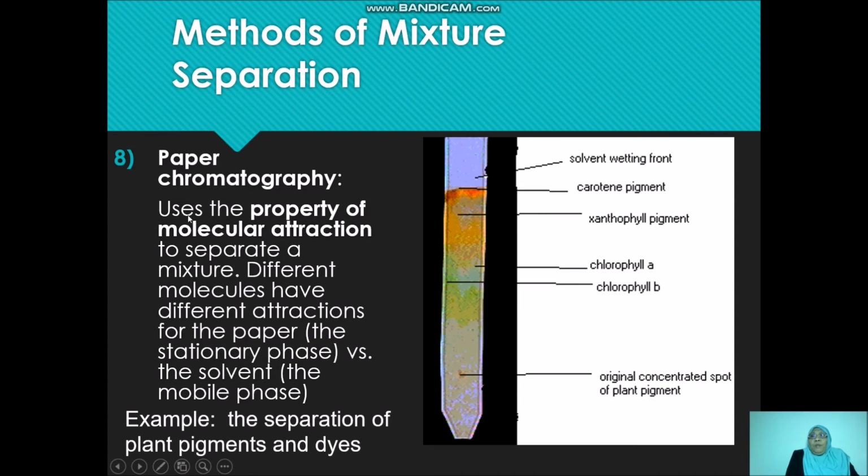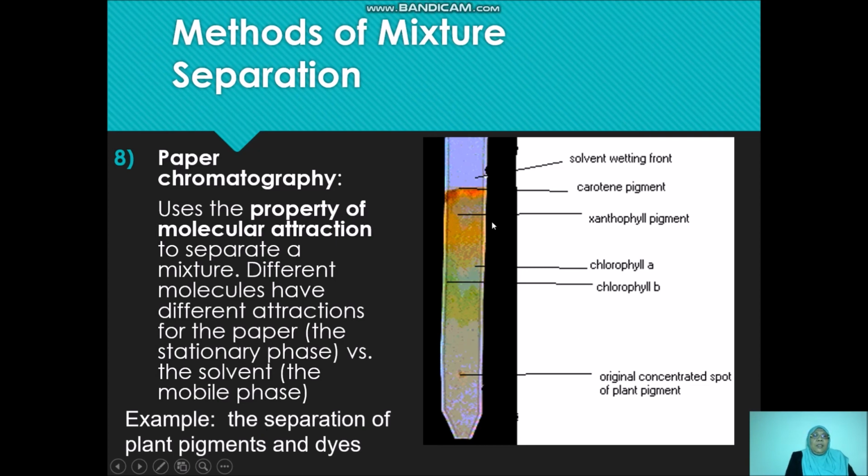Paper chromatography uses the property of molecular attraction to separate a mixture. Different molecules have different attraction for the paper: the stationary phase versus the solvent, the mobile phase. Examples are the separation of plant pigments and dyes.